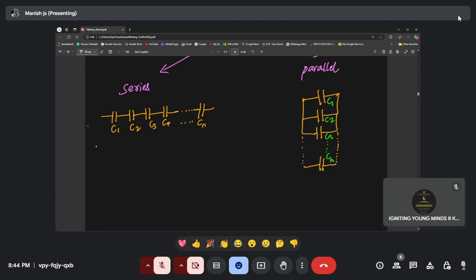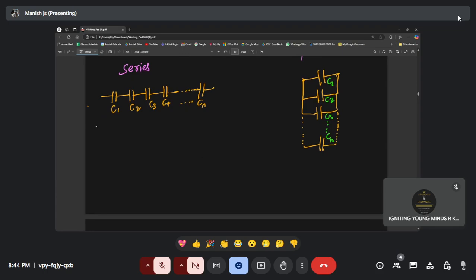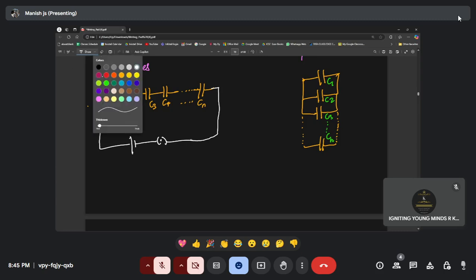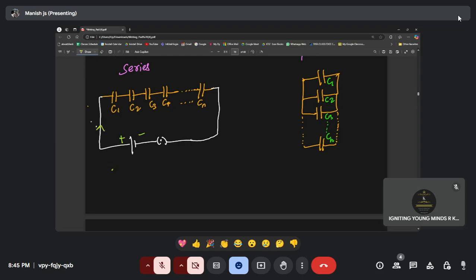Whenever I connect the capacitors in series across a cell or a battery, along with a plug key, and then I switch this on, you know that there is some current that is going to flow. Let me call that current I.